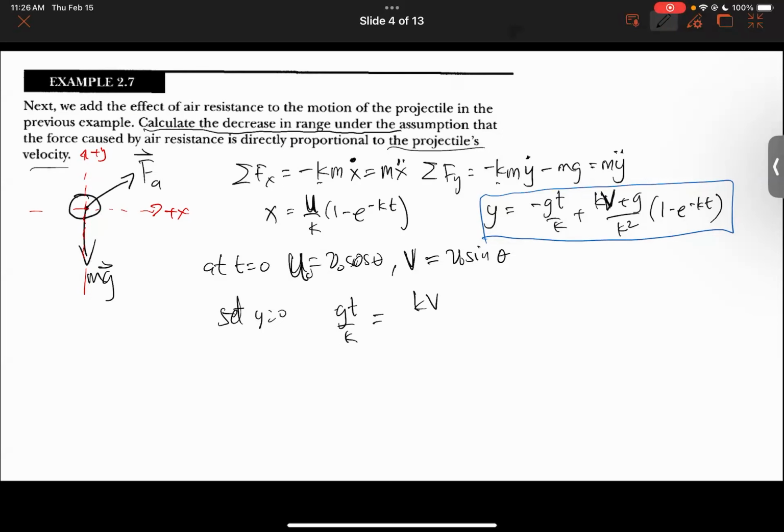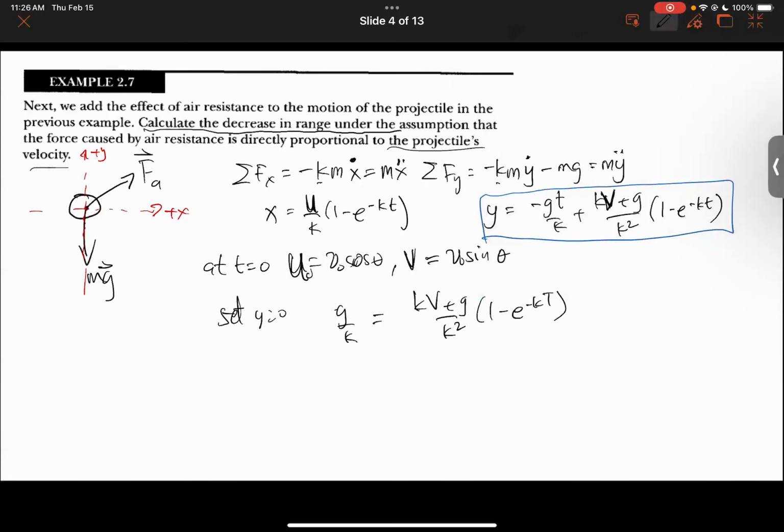Equal to (kv plus g) over k squared times 1 minus exponential minus kt. Papalitan ko itong small t ng capital T to indicate na hinahanap natin yung t. So yung t is equal to T at y is equal to 0.